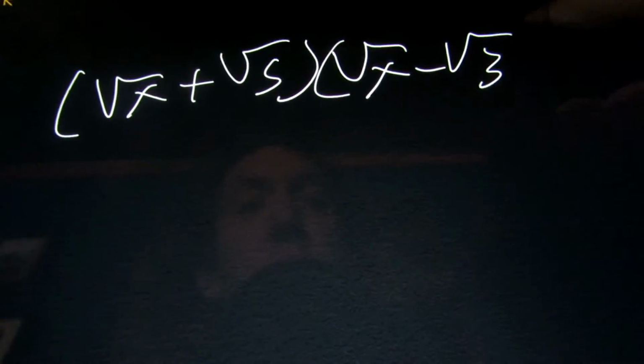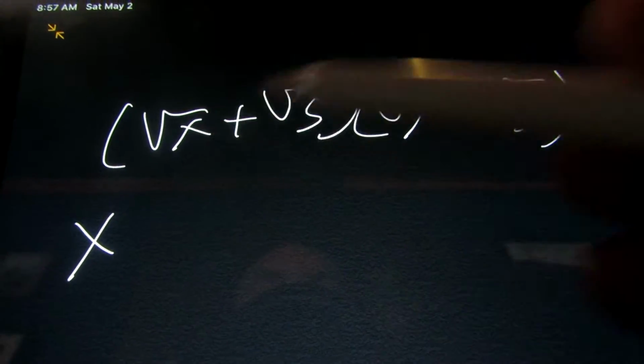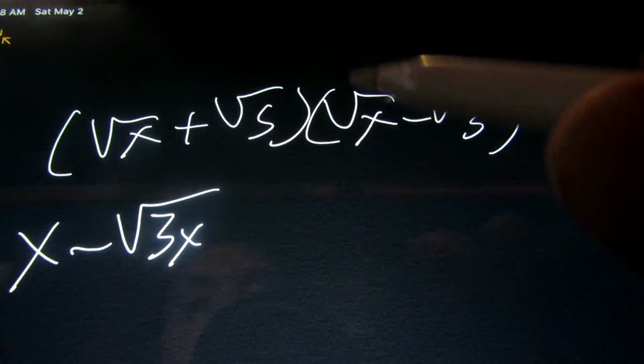Now let's say that we have square root of x plus square root of 5 times square root of x minus square root of 3. So now we're just going to do FOIL. Square root of x times square root of x is just x. Square root of x times negative square root of 3 is minus square root of 3x.